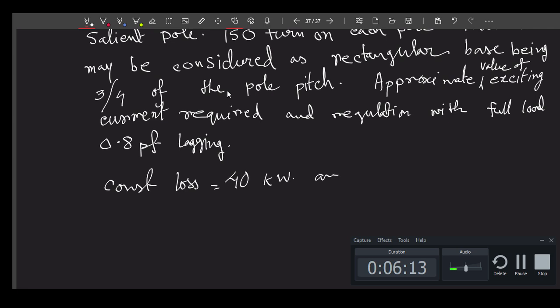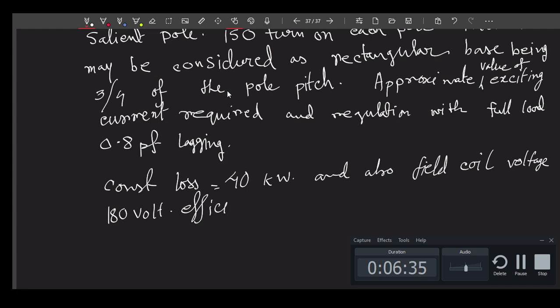And also, field coil voltage for rated field current is 180 volt. We need to estimate the efficiency for this operating condition.